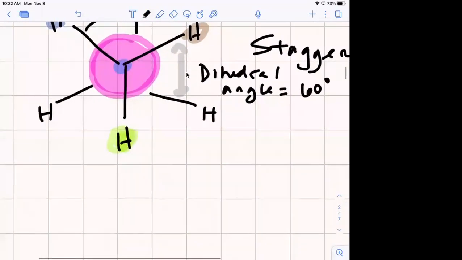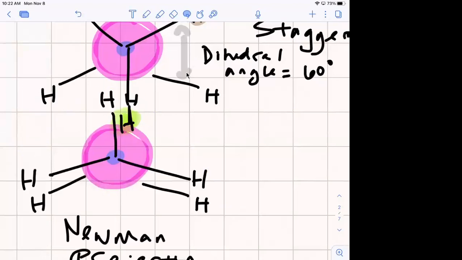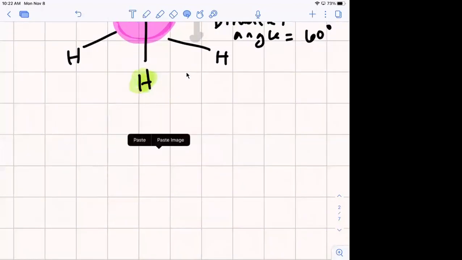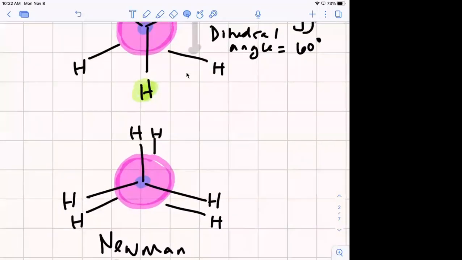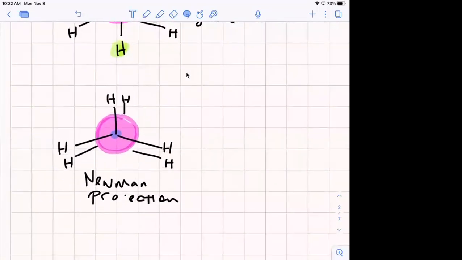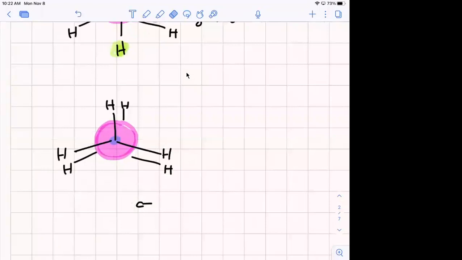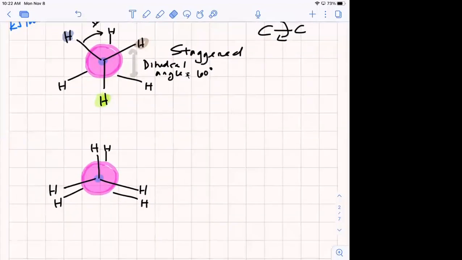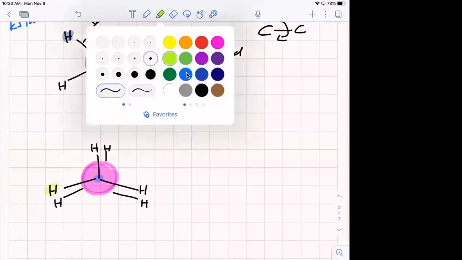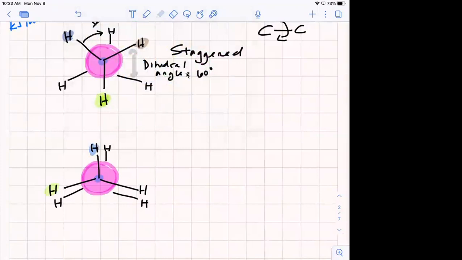And what happens when I rotate clockwise is now that hydrogen that I had highlighted in green is now here. The one I had highlighted in blue is here. And the one I had highlighted in brown is here.